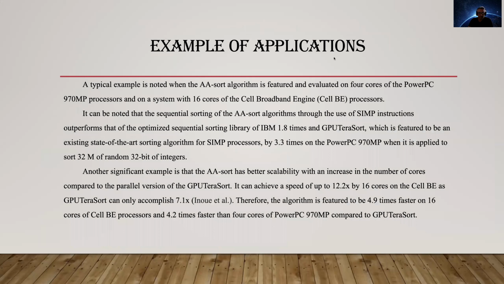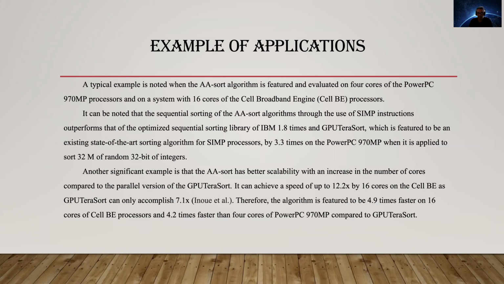Another significant example is that AA sort has better scalability with an increase in the number of cores compared to the parallel version on the GPU. GPU TeraSort can achieve a speedup of 12.2x on 16 cores of the Cell B, while GPU TeraSort can only accomplish 7.1x.